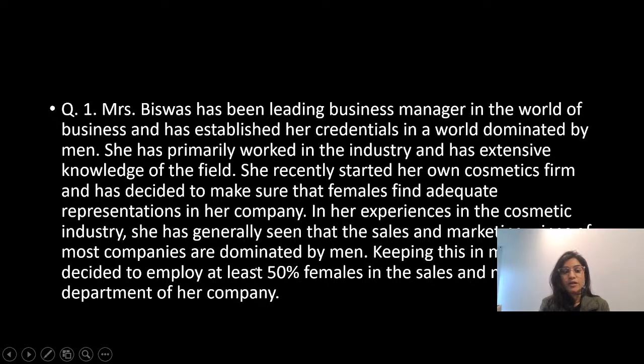So the entire paragraph talks about Mrs. Biswas, who has been a leading business manager in the world of business. She has been a really amazing leader when it comes to business, and she has established her credentials in a world dominated by men, right? She has established her credentials means she was a very well-known name in a world which is more men dominated.